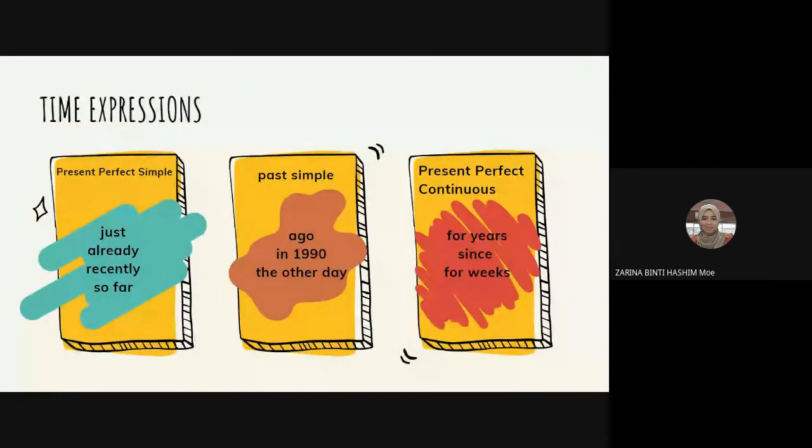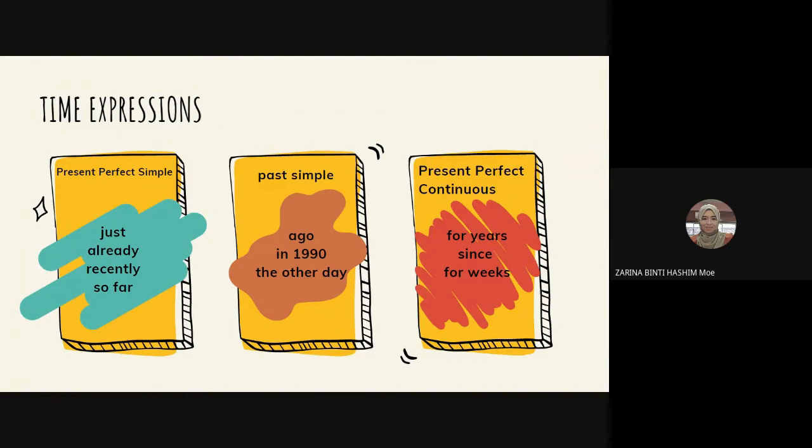Remember, for present perfect there must be has or have in front. Look at the subject again. The subject is Joe. Is Joe singular or plural? Singular. So for singular we have to use has, not have. Has work.